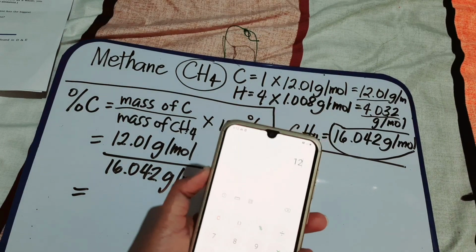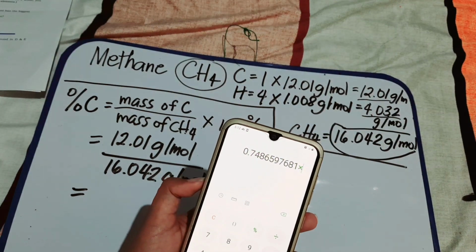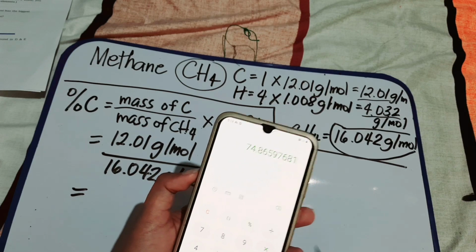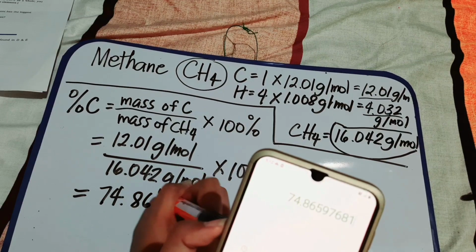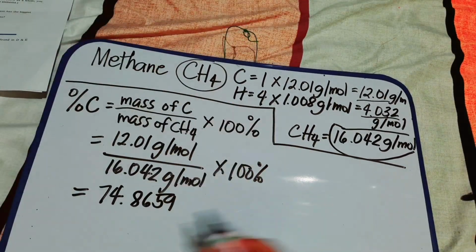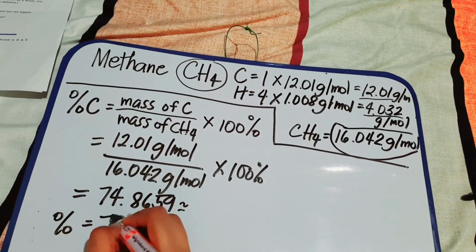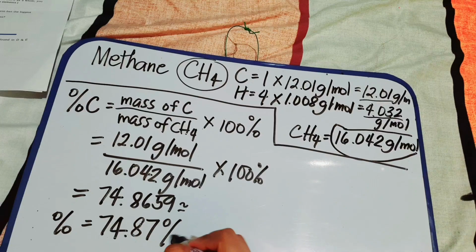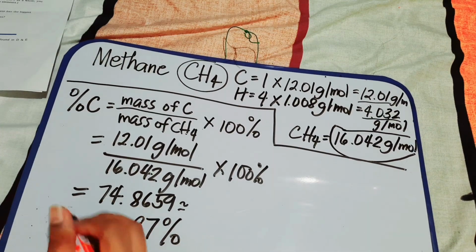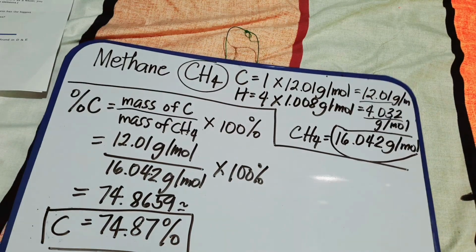Okay, that is 74.8659 and so on. So, gawin lang natin siyang dalawa. So, we have 74.87%. So, ito ngayon ang ating mass, percent mass ng ating carbon.